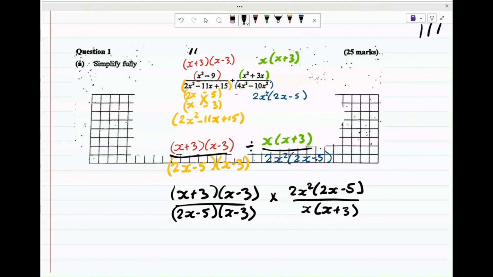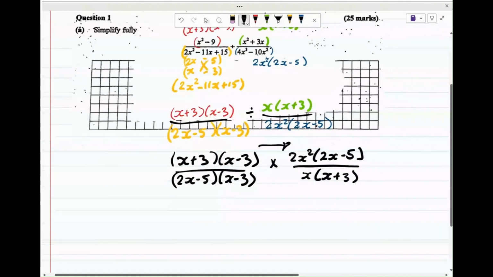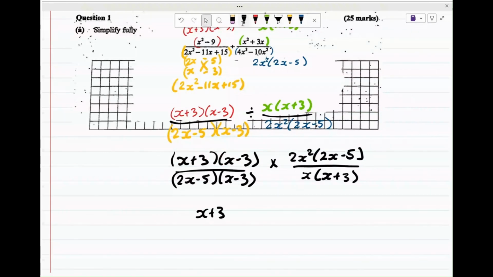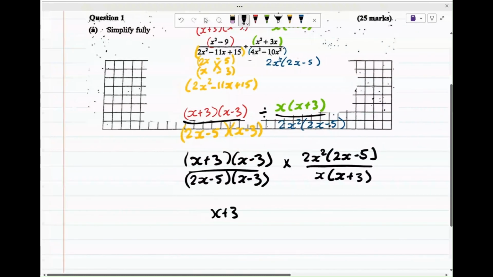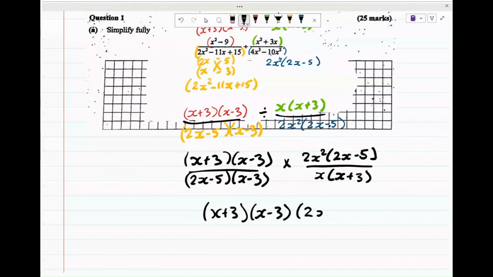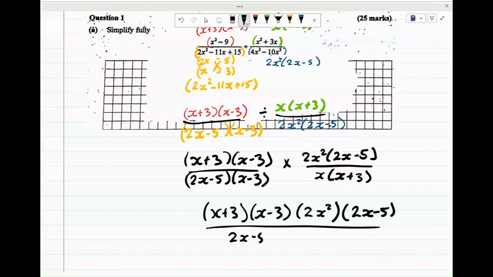We know that when we're multiplying fractions, we multiply the top with the top and the bottom with the bottom. So that's pretty easy. That's x plus 3 times x minus 3 times 2x squared times 2x minus 5 over 2x minus 5 times x minus 3 times x plus 3. So I've just written everything multiplied together, all on one line.